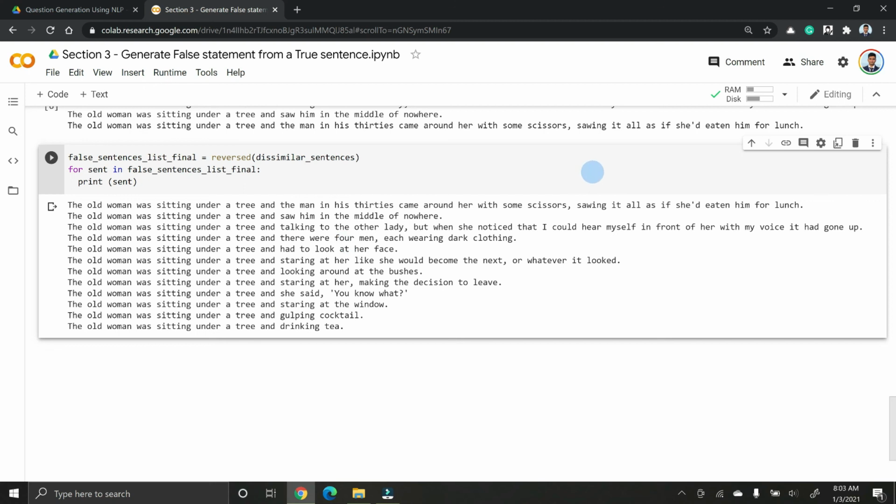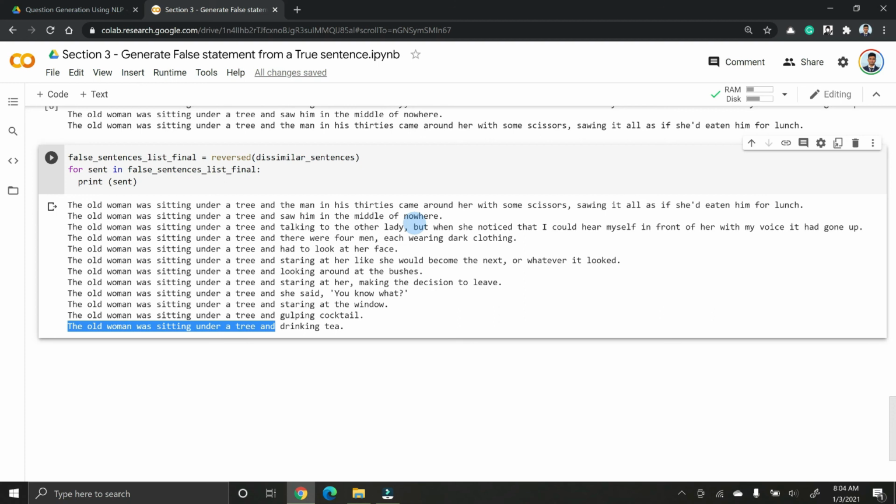So in this section we have seen how you can take a sentence like the old woman was sitting under a tree and sipping coffee, first use a constituency parser, and split that sentence to just the old woman was sitting under a tree by removing the ending noun phrase or verb phrase.